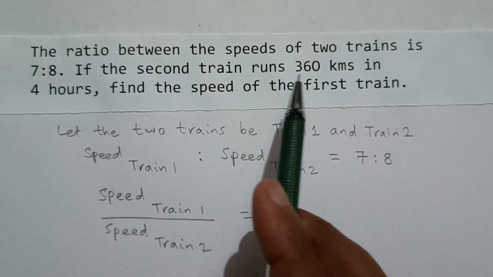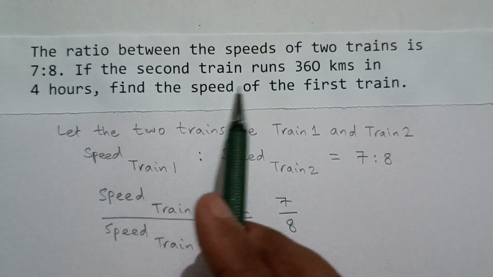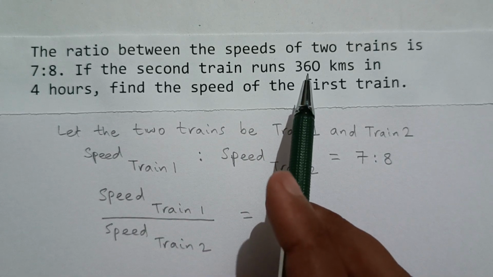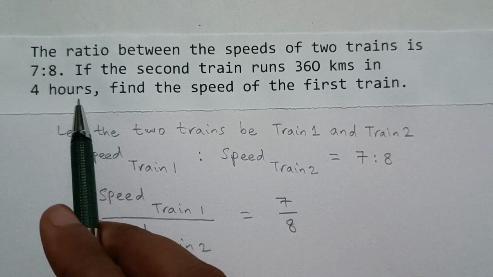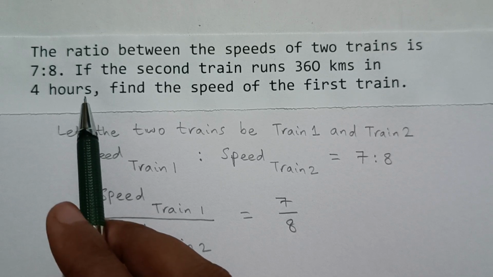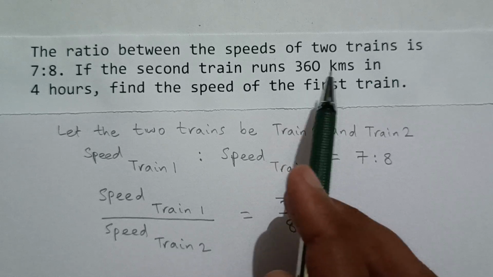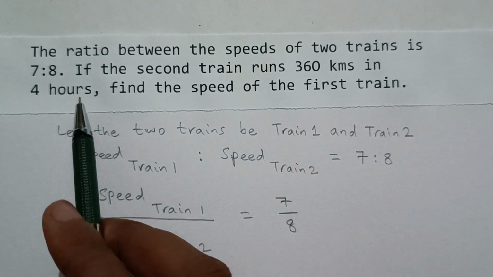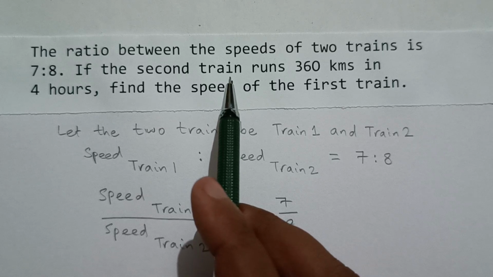The distance traveled by the second train is 360 kilometers, and the time taken to travel that distance is 4 hours.